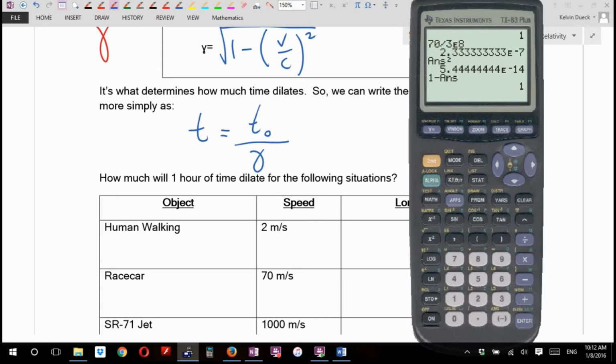As soon as my calculator stops carrying the decimals, I know it's so small that my calculator can't track it. The time dilation factor for a race car is basically 1 to 1. Technically it isn't, because you could see I did have decimals on my previous line. But when I went 1 minus that, my calculator said, are you kidding me? And I haven't even done the square root, which would make it smaller yet.